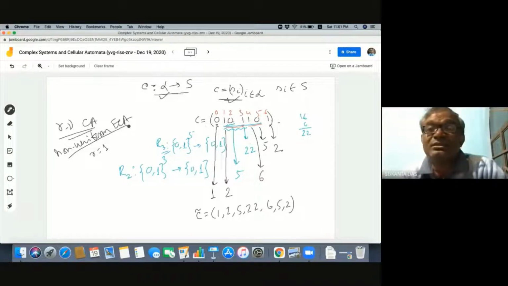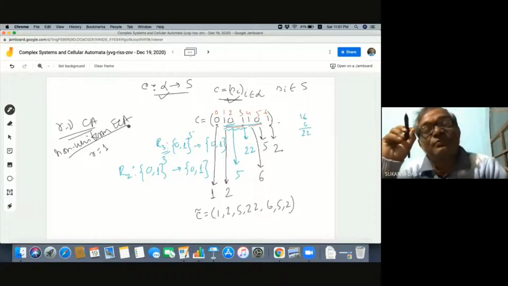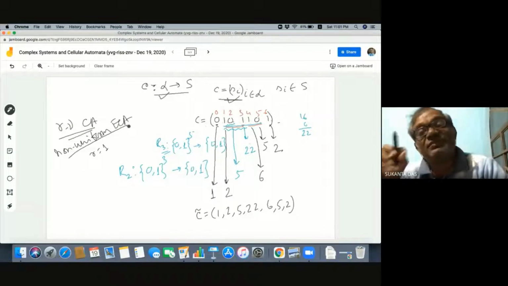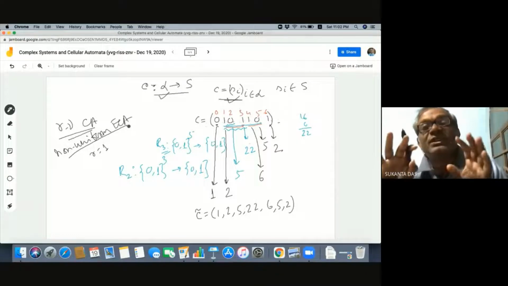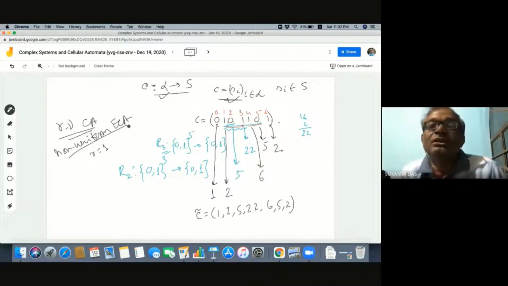In that case, from the given configuration, we can find the RMT sequence. Otherwise, in the general case, you have to pass this neighborhood dependency information to find the RMT sequence of a given configuration.